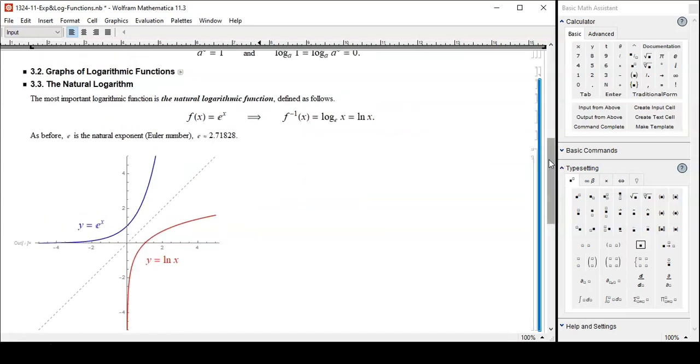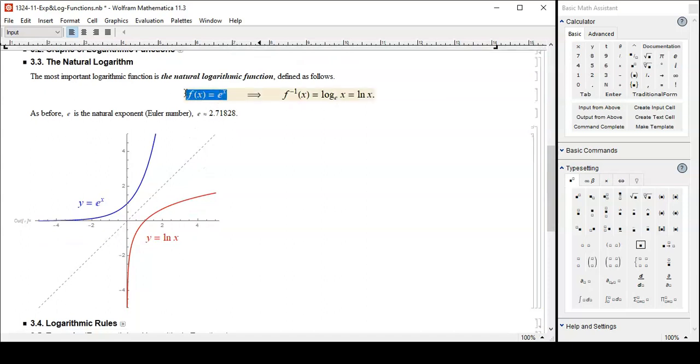Natural exponential function, blue, where the base is Euler's number, 2.718 something something, an irrational number that has no end and no repeating pattern.